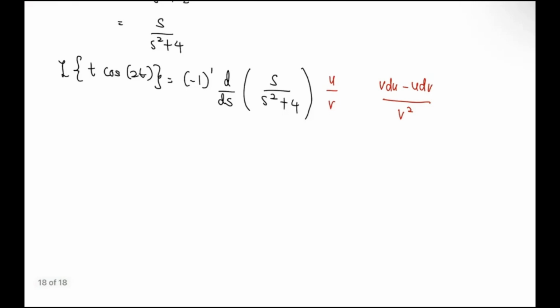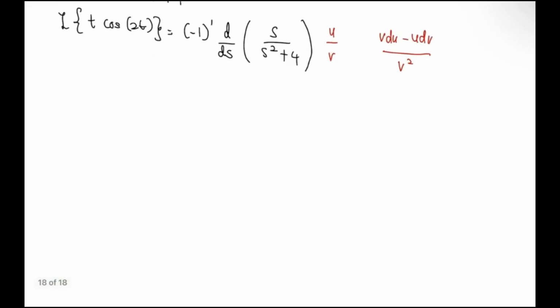If you have a fraction, you use the quotient rule. So u is s, v is s squared plus 4. So we need to differentiate only one time. And don't forget to multiply with negative 1. Right. So first, the denominator is v squared. So let's write v squared: (s squared plus 4) to the power of 2.